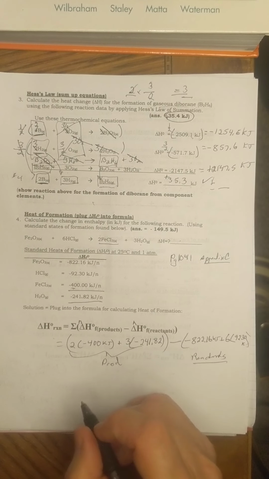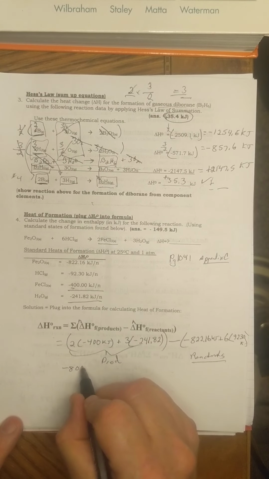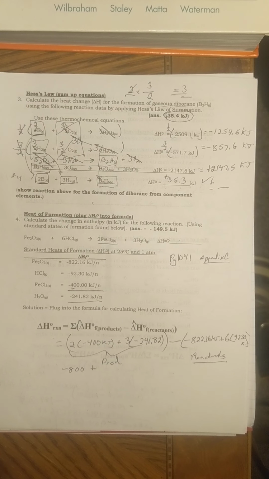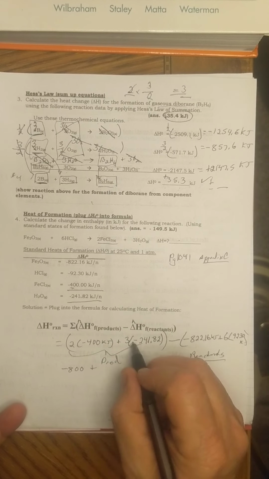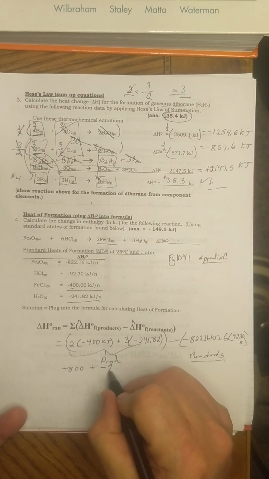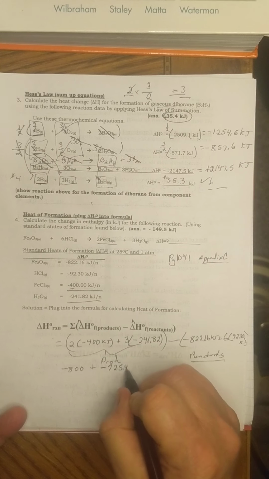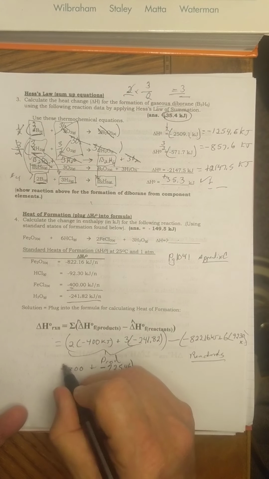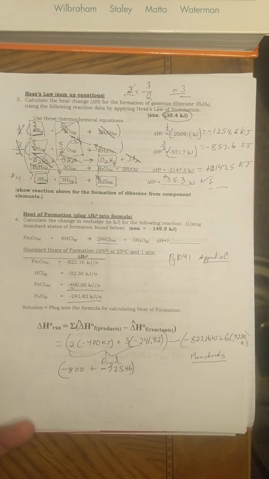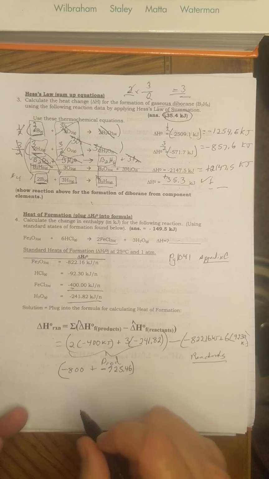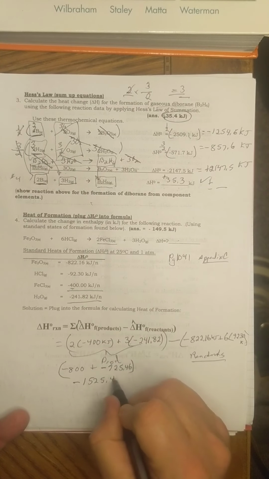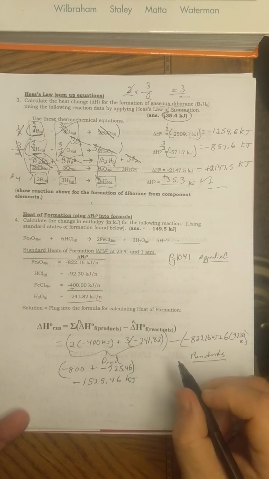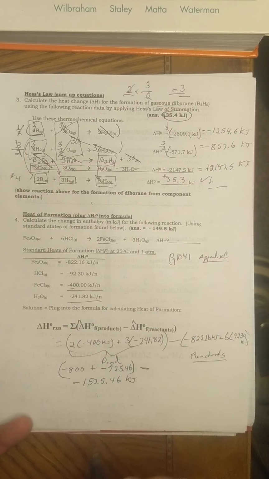Okay, so what I get is I get negative 800 plus a negative 725.46. So my total of the products is negative 1525.46 kJs.